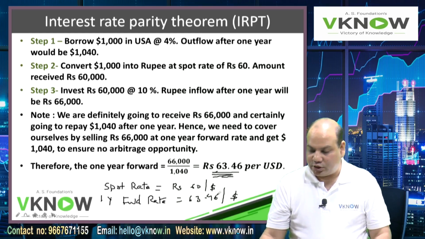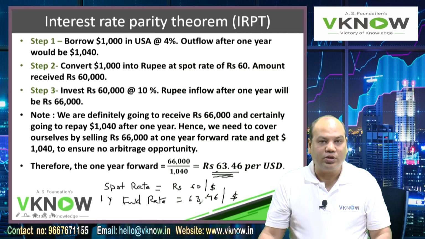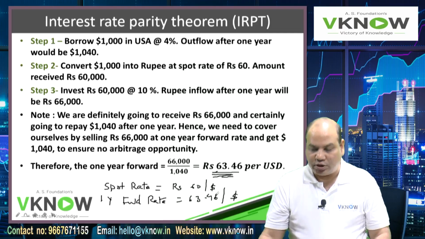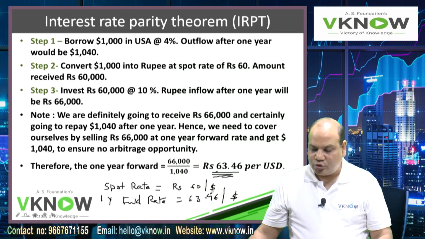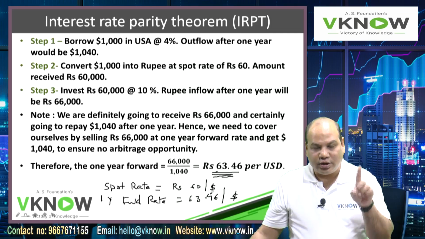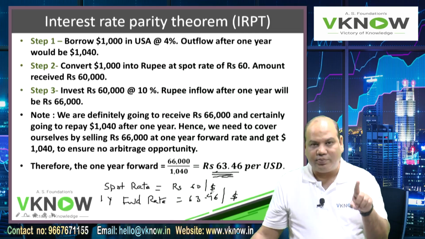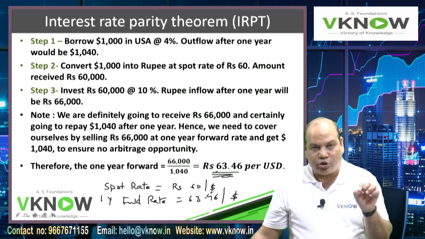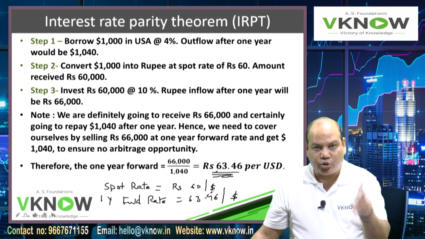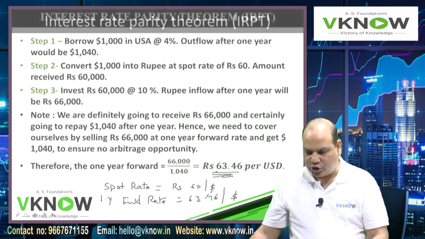Dollar has appreciated. $1 can buy more rupees now. So dollar has appreciated, which means rupee has depreciated. Why has the rupee depreciated? Because the interest rate in India is higher. So the country with the higher interest rate, like India in this example, its currency will depreciate, and the country with the lower interest rate, in this example the US dollar, will appreciate.